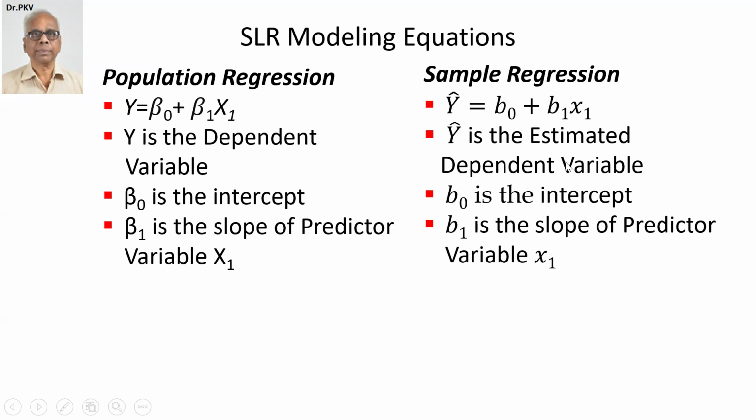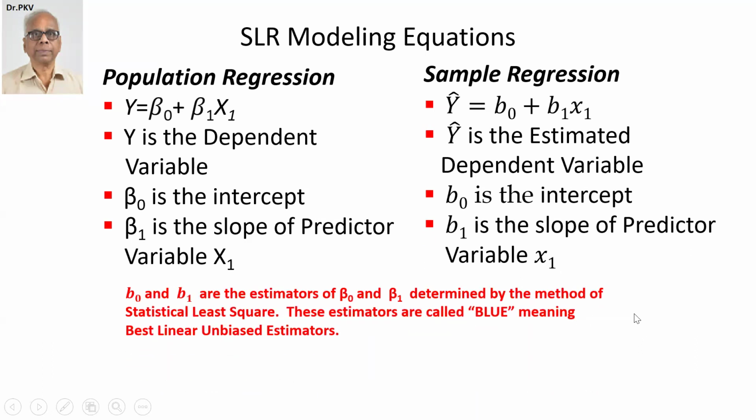Now, B0 and B1, how are they estimated? We have the famous statistical method of least square. B0 and B1 are the estimators of beta naught and beta 1 determined by the method of statistical least square. In the parlance or literature of statistics, these estimators are called BLUE, an acronym, which means best linear unbiased estimators.